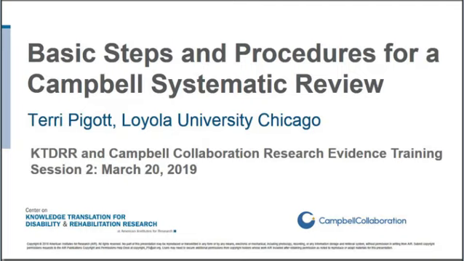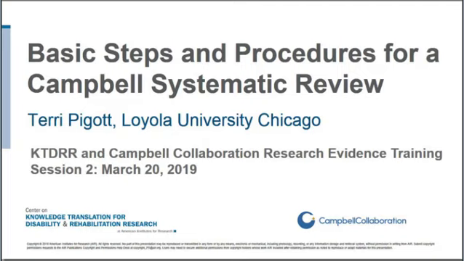KTDRR and the Campbell Collaboration are working together to offer a 5-part training course that focuses on high-quality methods for synthesis of evidence, including the procedures and methods for conducting systematic reviews and research syntheses, as well as software, tools, and strategies for analyzing and reporting data. Last month, we kicked off the series with an overview of systematic reviews and research syntheses.